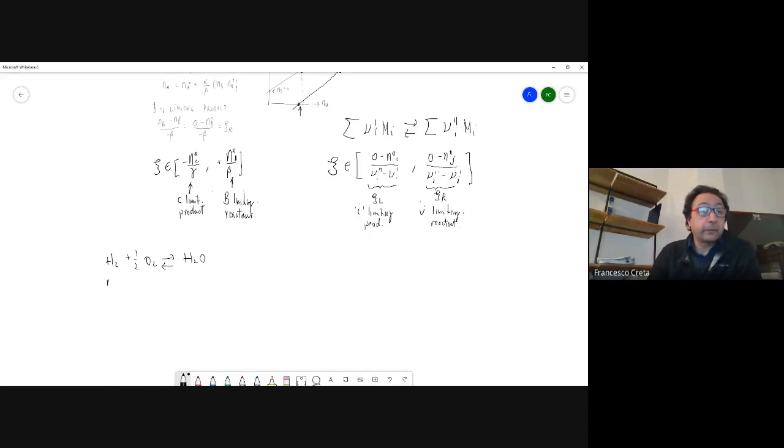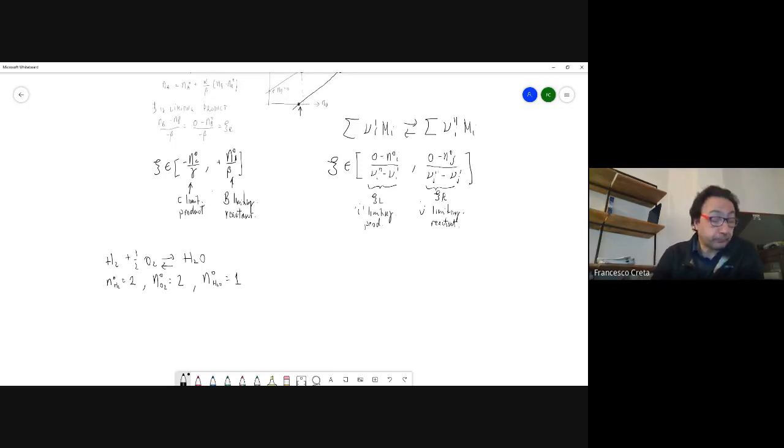Now I'm going to have to give you my initial composition. So for hydrogen it would be, for example, 2 moles, oxygen, for example, 2 moles, and you may also have 1 mole of H2O.